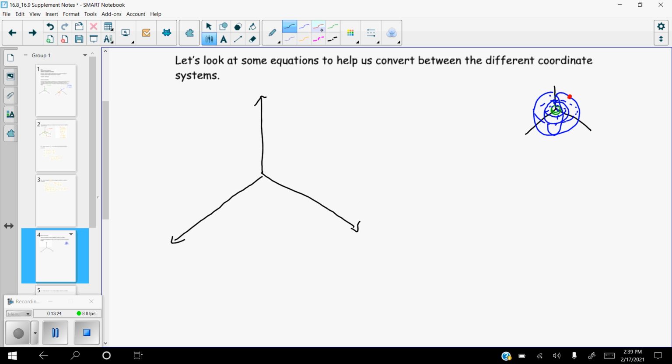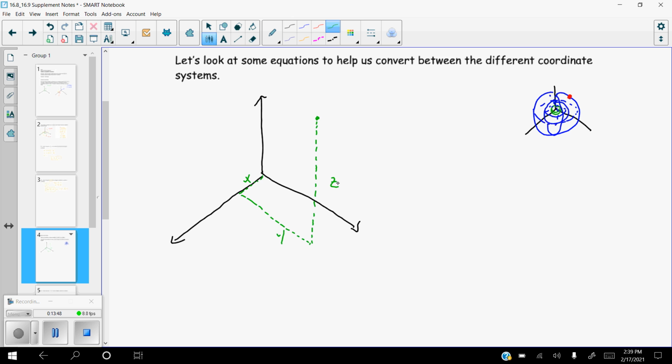Still going to start with the rectangular idea: some kind of an x value, some kind of a y value, and then some kind of a z value. I'm making that relatively tall, so I have a little bit of room. Okay, that's a rectangular coordinate.